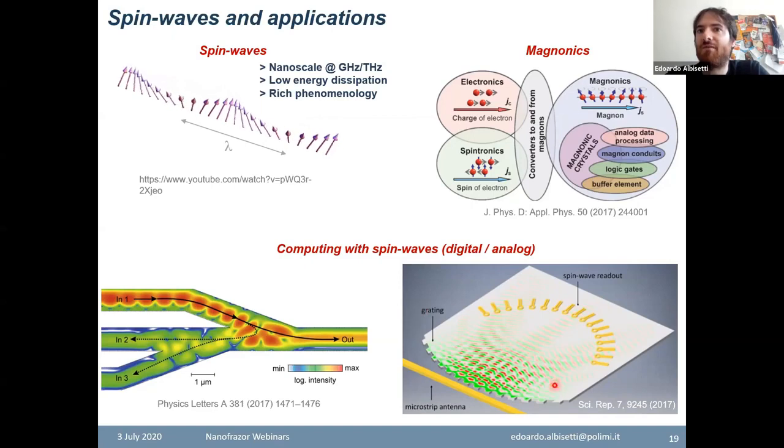And this is a first simulation of a device that excites spin waves in this location, and the different exciters produce the interference pattern within the film. And then you pick up the signal in different positions of the chip. Depending on the position, you pick a different frequency of the spin wave. And so you have basically a spectrum analyzer, but using spin waves instead of conventional electronics. These are the two big paradigms for spin waves.